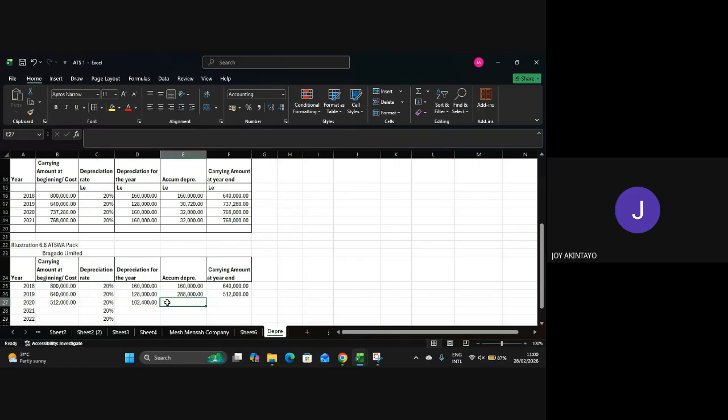What do we have? Accumulated depreciation plus the current depreciation value. What is our value? 288,000 plus 102,400.